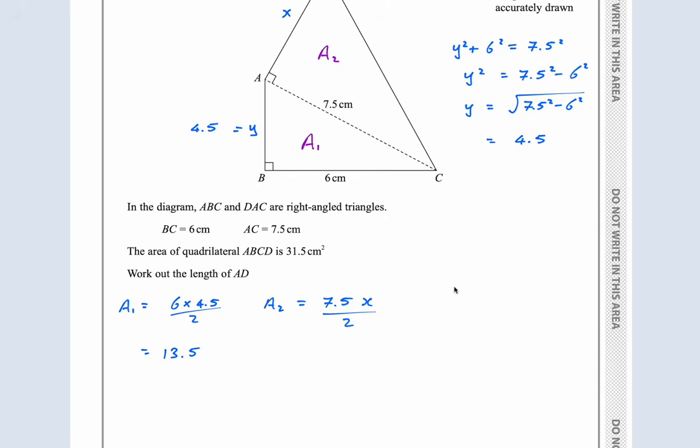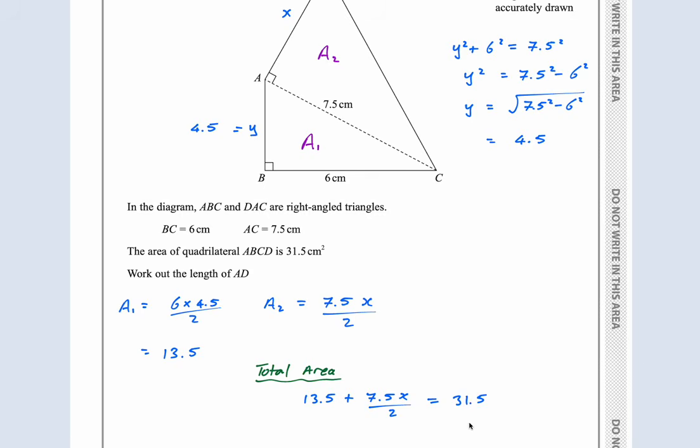Now the total area, let's just do this down here, guys. Total area is area 1, 13.5, plus area 2, 7.5x over 2, and it equals 31.5.